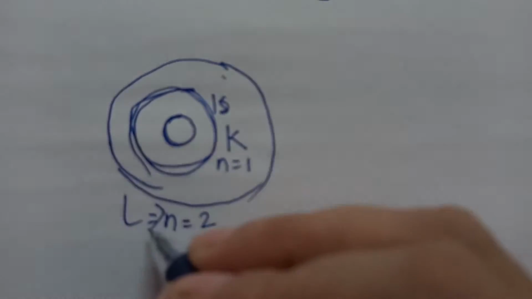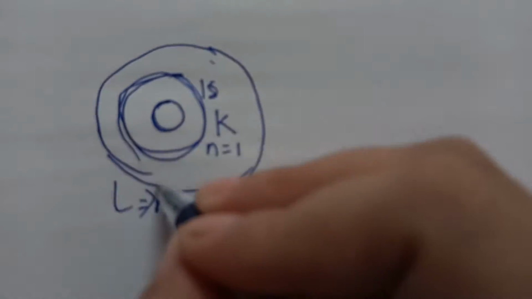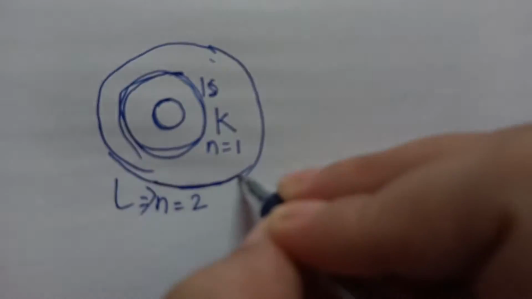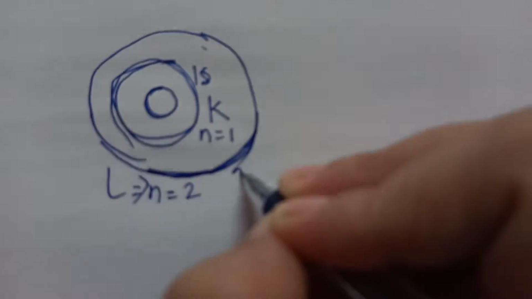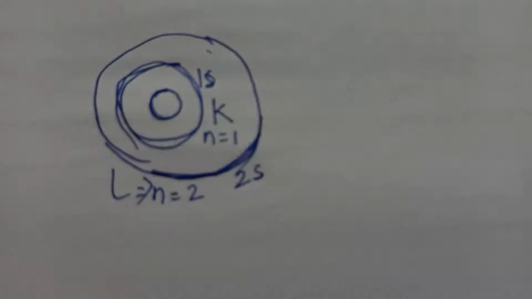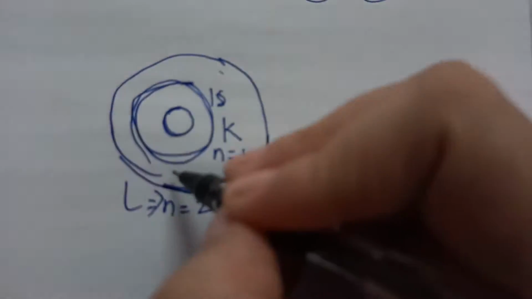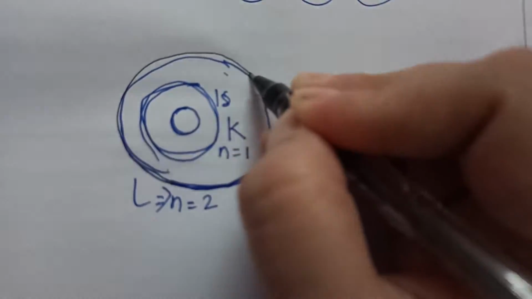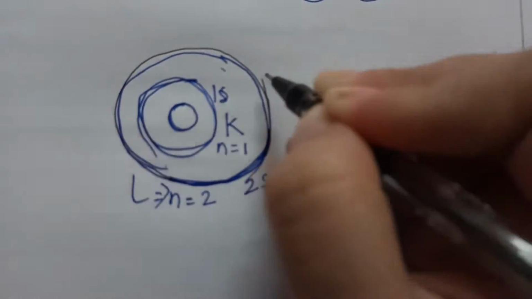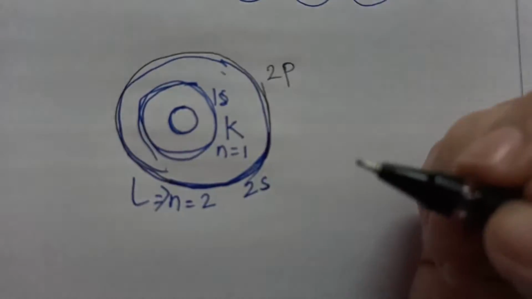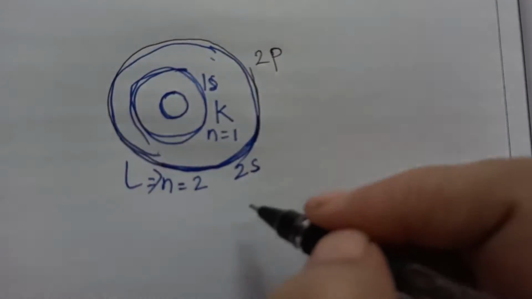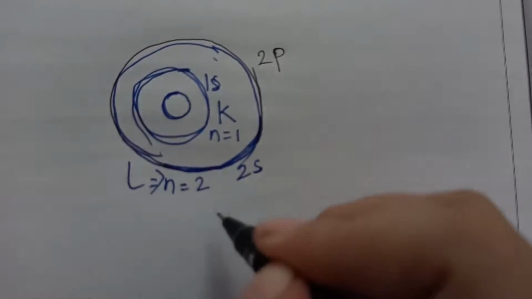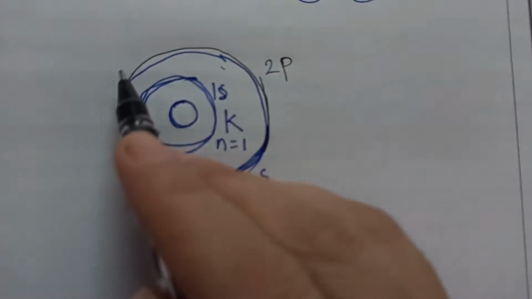Then I said L shell has 2 subshells. So suppose from here till here, this is 2s, and then the leftover part of the shell, this part which is left, is 2p. And then will come the M shell, which will have 3s, 3p and 3d.